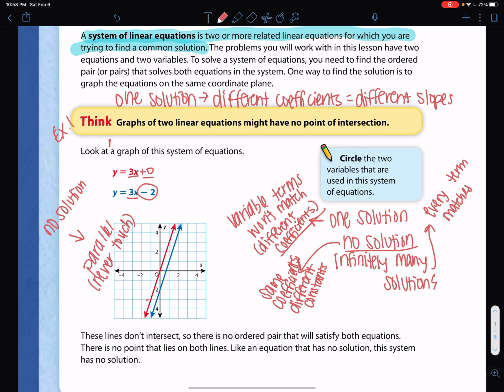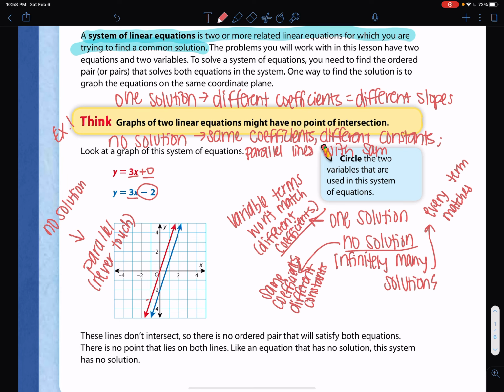So we've just learned that no solution means they have the same coefficients but different constants. We already knew that to be no solution, but they will end up being a set of parallel lines with the same slope.